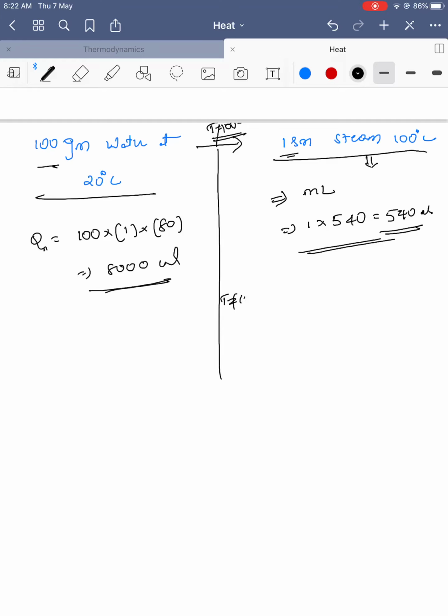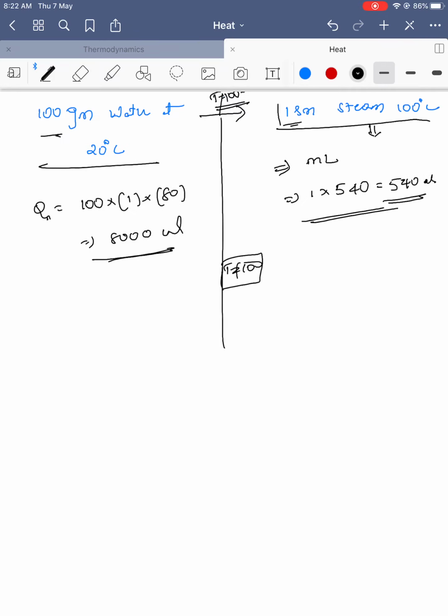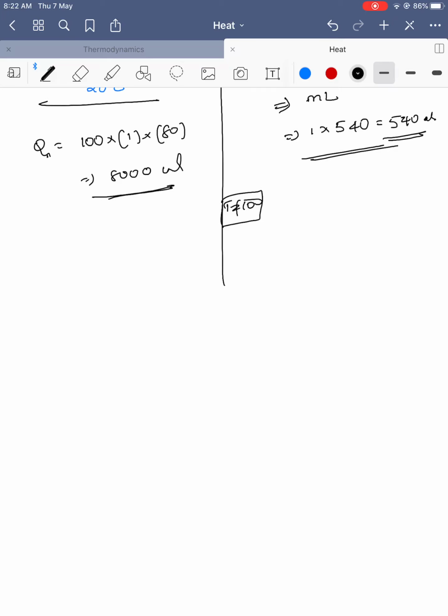So 100 degrees Celsius is not possible. The temperature will be less than 100 degrees Celsius. So if it is less than 100 degrees Celsius, the entire steam will be condensed into water. Okay, let's write equations. Q lost is equal to Q gain. So who is losing the energy? Steam is losing energy.